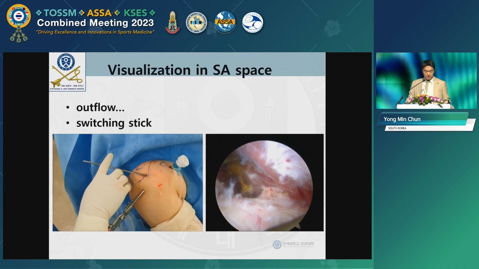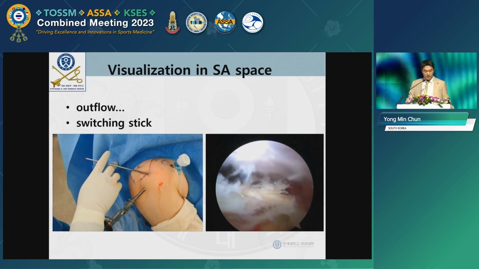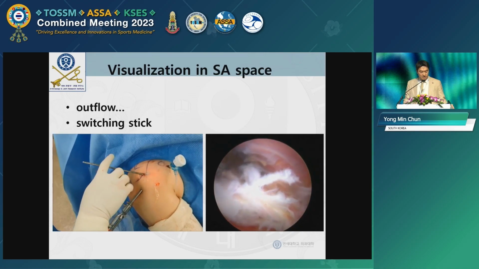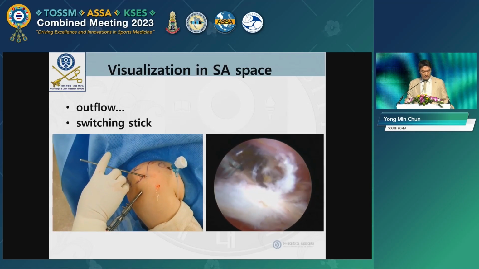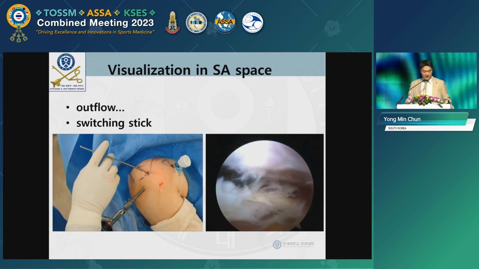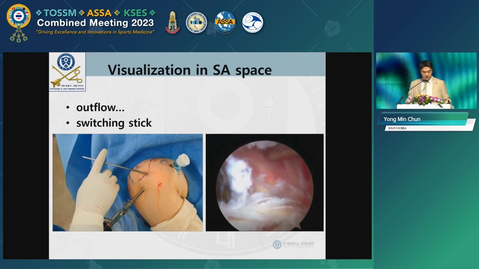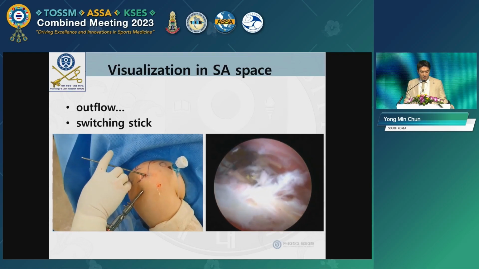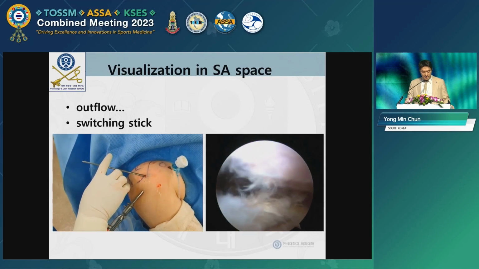During the subscap repair from the lateral viewing portal, sometimes the deltoid gets swollen, which hinders good visualization. So using the switching stick, we can lift up the anterior deltoid portion and obtain better visualization.